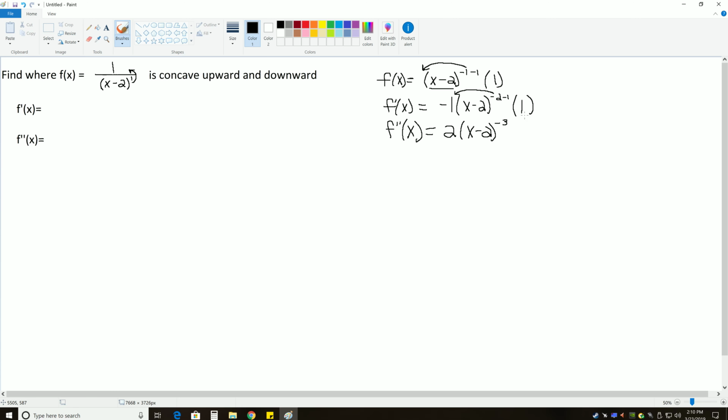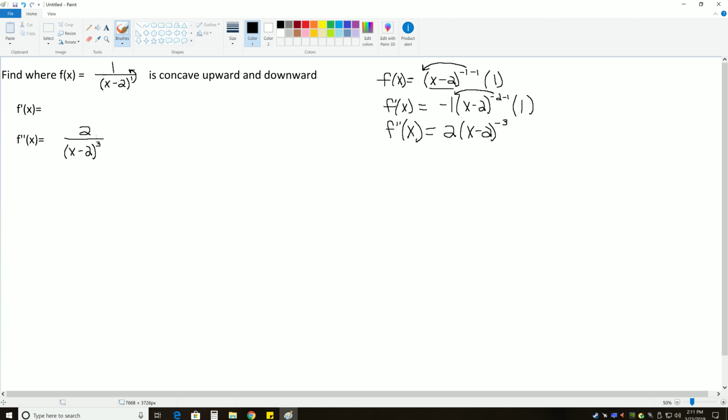And again, this times 1 has no effect. So we end up getting our second derivative is 2 over the quantity of x minus 2 to the positive third power. We needed to rewrite this simplified. We needed to change the negative exponent to a positive 1.